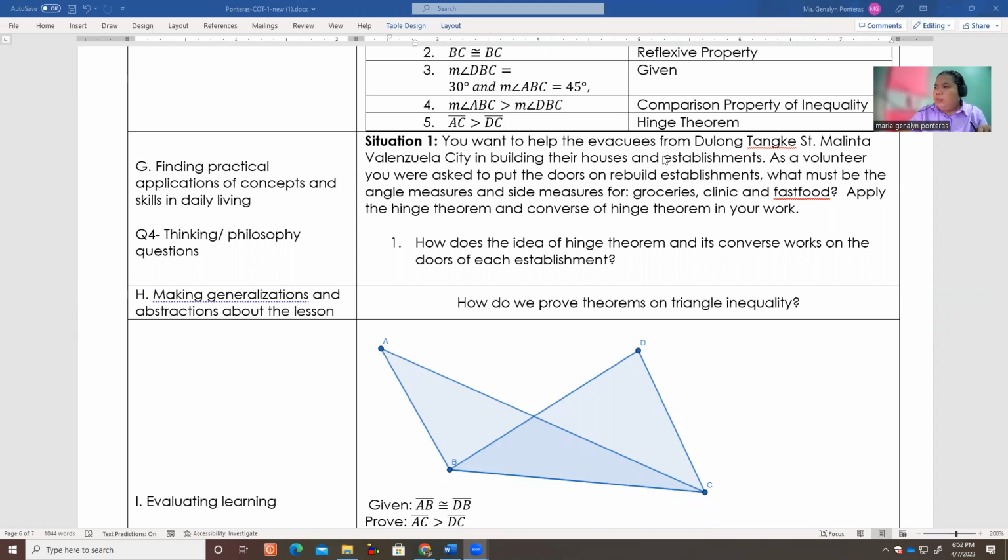This time, the students will help the establishments. Same concepts. You must design what must be the angle measures and side measures for groceries, clinic, and fast food. So they will make doors.